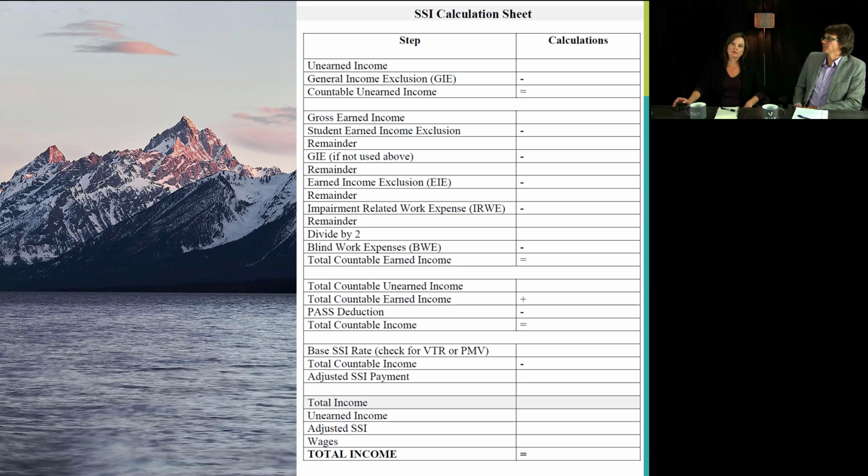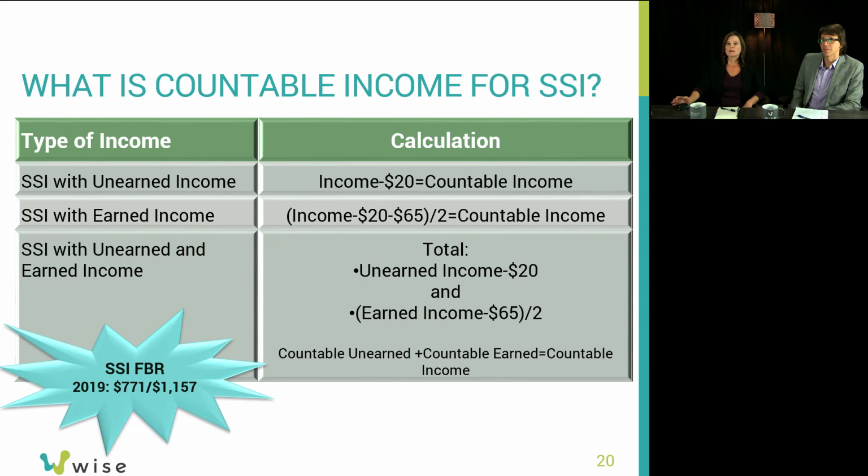So now we're going to get into discussing income, both earned and unearned, and the various exclusions or work incentives that can be applied before counting the remaining income towards the SSI benefit. In this table, we have broken out the different types of income, and the reason for this is that with SSI and unearned income, you are only allowed a single general exclusion, up to a $20 general exclusion, before the rest of the income is countable.